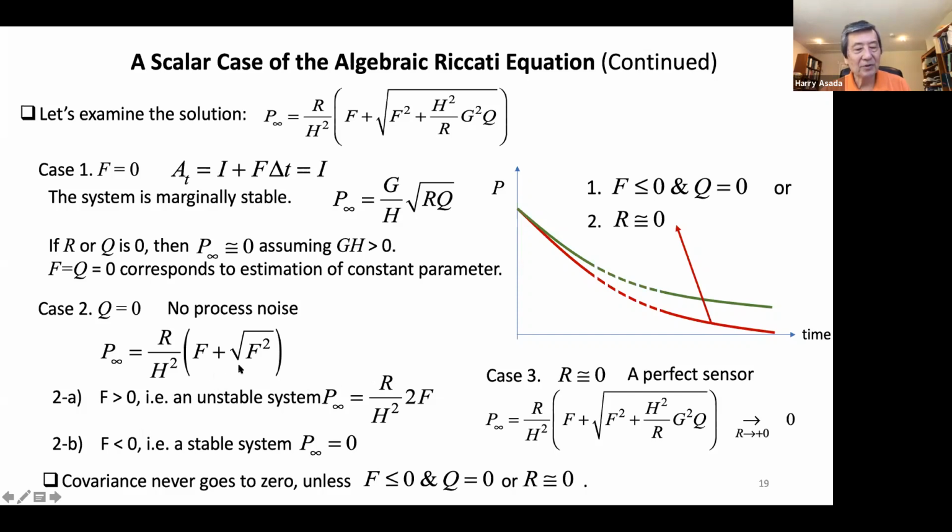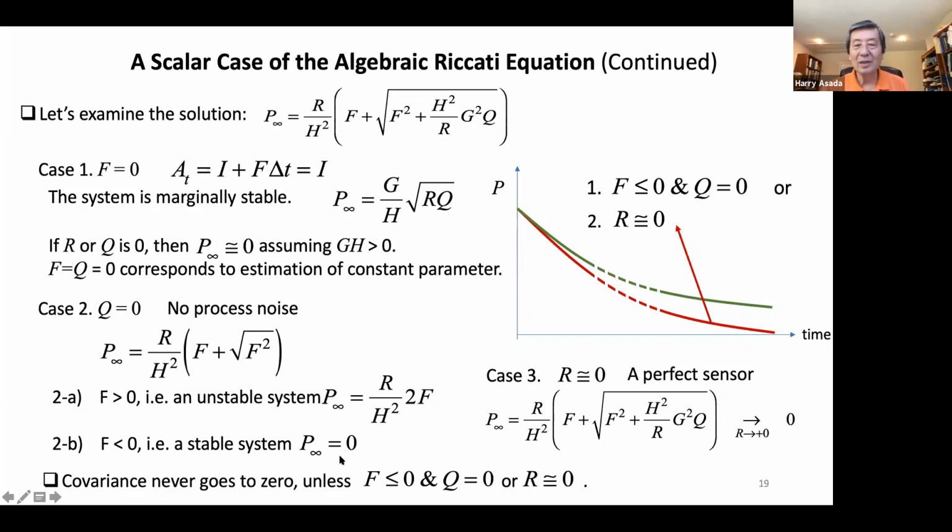F squared is positive, and the square root gives you a positive value as a whole, and then F is negative this time, so these two cancel out. So that means that P infinite is 0. This is interesting. If the system is stable and has no process noise, P infinite goes to 0.